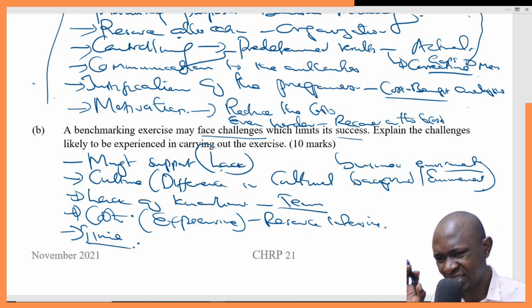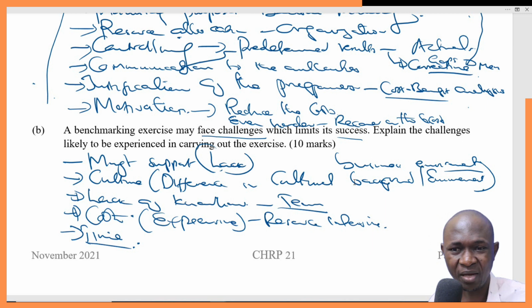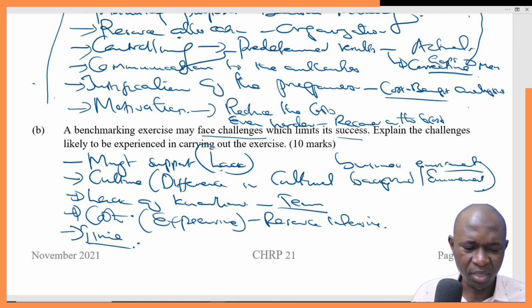So for you to understand that other organization well, the metrics and the cost-effect relationship, you need a lot of time. And time might not be a luxury here. You might not have all the time to go deeper into benchmarking. So that becomes a possible challenge.